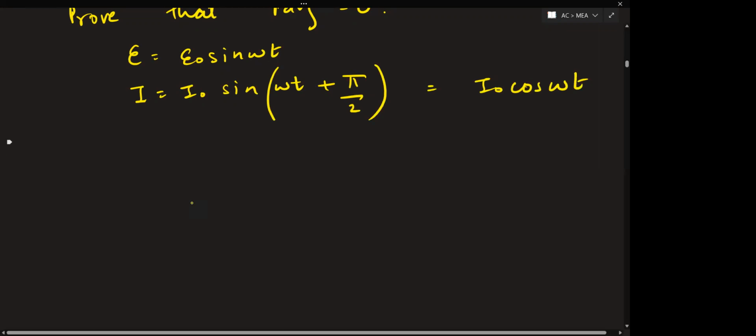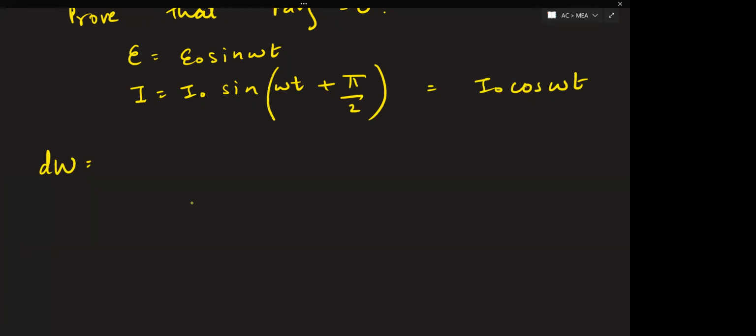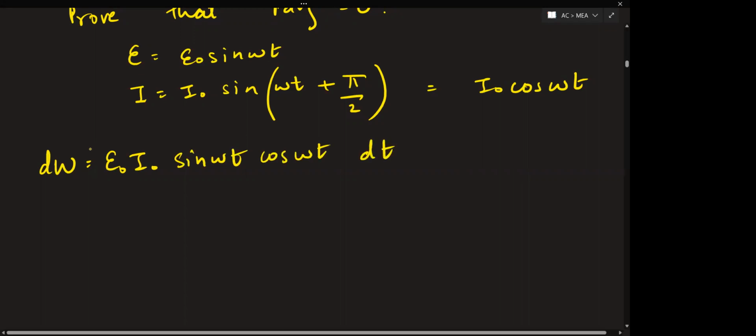Now, the work done is basically E naught into I naught, means E into I. E naught is associated with sine omega t, and I is associated with cos omega t, dt, because we have to integrate it to find the work done.